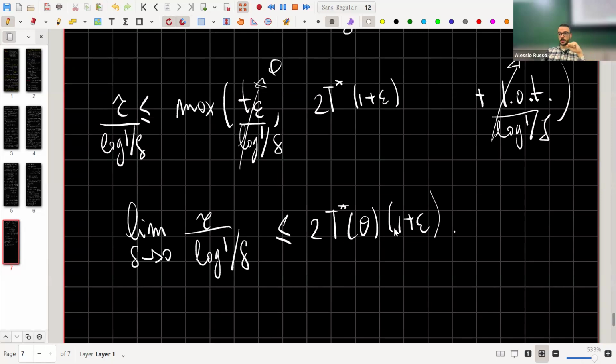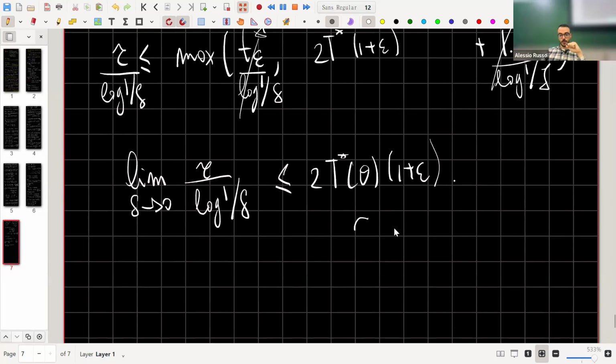And now we just let epsilon go to 0. Because by continuity, we can choose any epsilon, so we just let epsilon go to 0. And so this tends to 2 t star theta. So what this is saying is that asymptotically, as we make our false alarm rate delta smaller and smaller, the algorithm will approach optimality up to a constant factor 2.